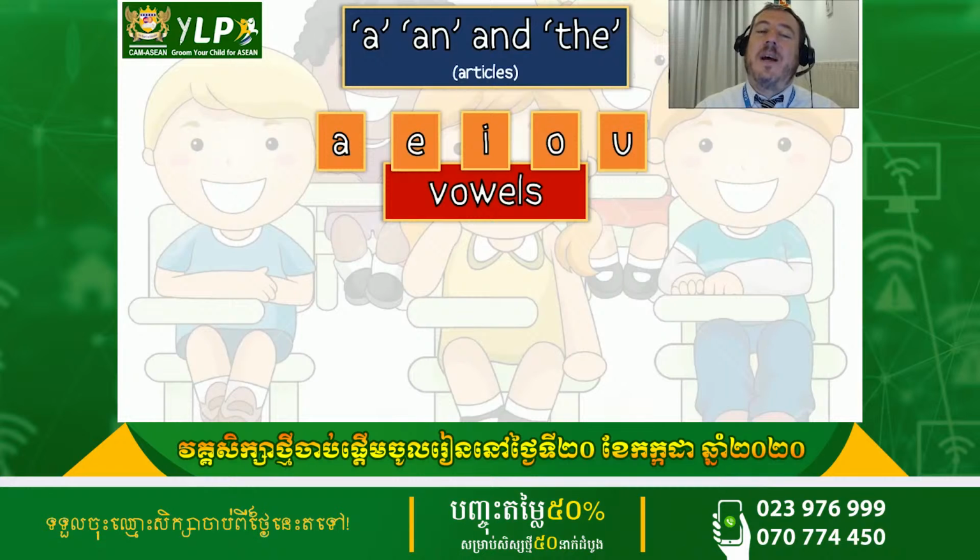These are vowels because we can make the sounds of them longer. When we say the letter A, we can make it sound like ah. The letter E, we can make it sound like eh. The letter I, we can make it sound like I, or sometimes E. O, oo. The reason why these letters are important is because we can make them sound longer than the other letters.